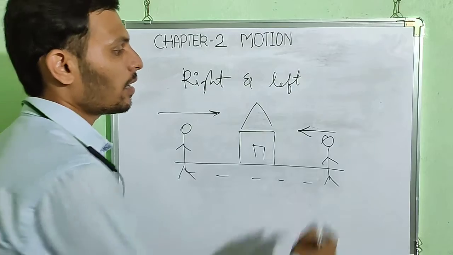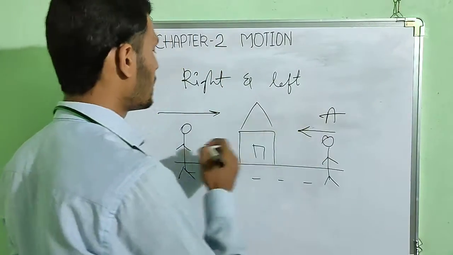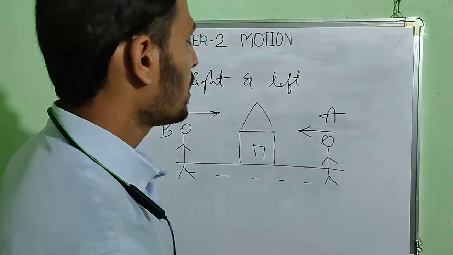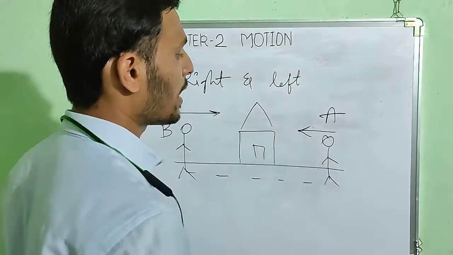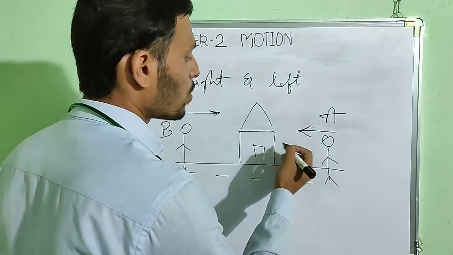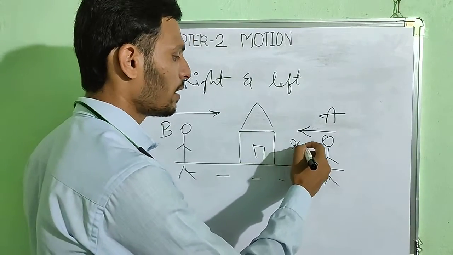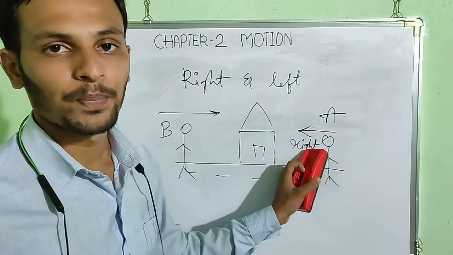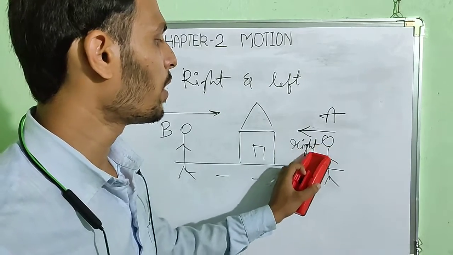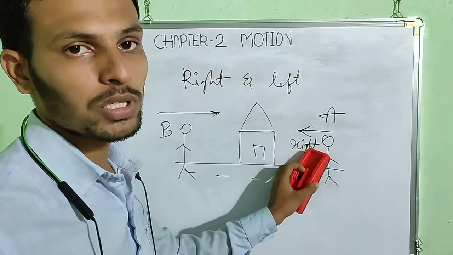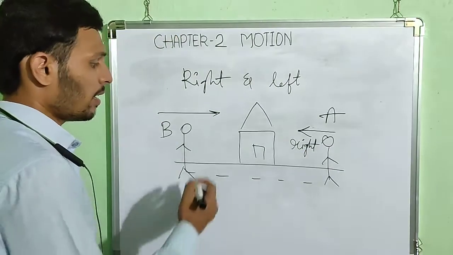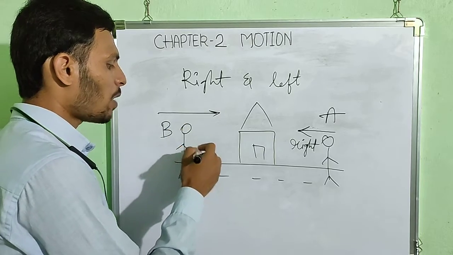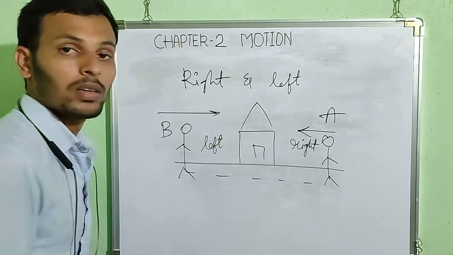Let us consider him as A and this boy as B. Now, according to A, he is moving in this direction, which means the house is at his right. But for B, the house is at his left.